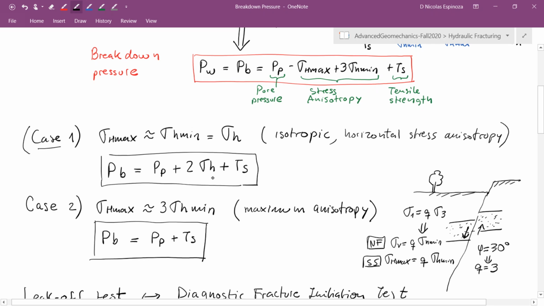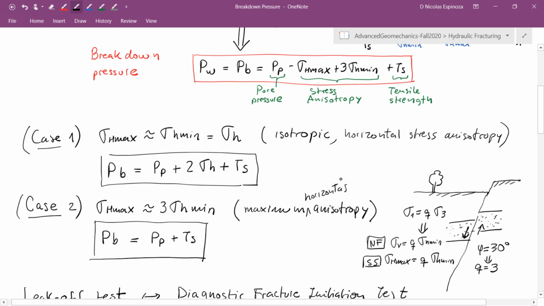isotropic environment, in order to get a tensile fracture, you also need to overcome a term that is a result of the stress anisotropy. If we go to the other extreme and we consider a large stress anisotropy, horizontal anisotropy, let me add here horizontal.